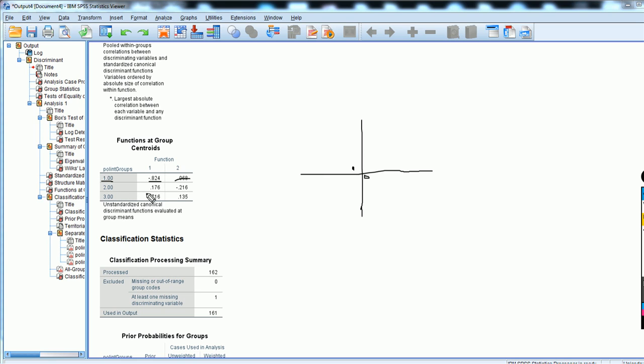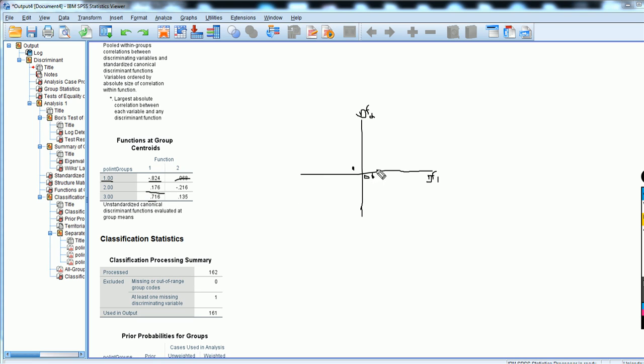When we look at group 2 on function 1, the group centroid is 0.176 and negative 0.216 on function 2. So this is discriminant function 1, which we had already named as external political efficacy. This is discriminant function 2, which we didn't give a name because there's not really much separation on that particular dimension. And then for the third group, we have 0.716.